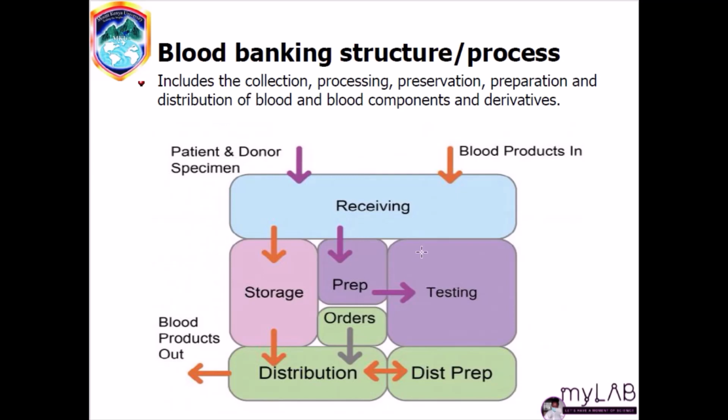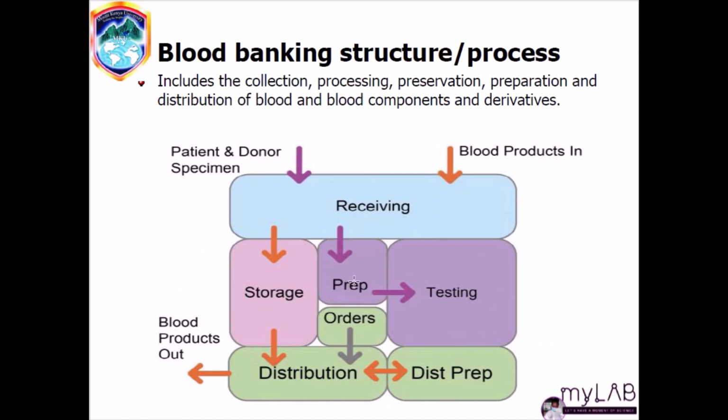And then we also receive blood products in, because they could be coming from another blood bank. You know, blood banks have levels: those in district hospitals, those in national hospitals, etc. So we can also be receiving blood products that have been collected even in community setups, and then they will be received and of course stored.